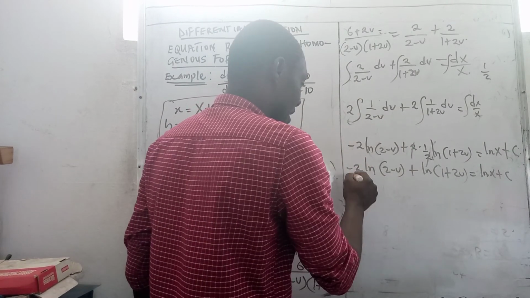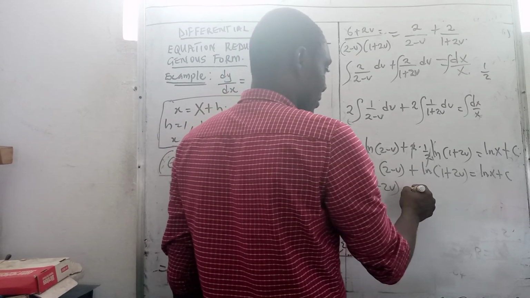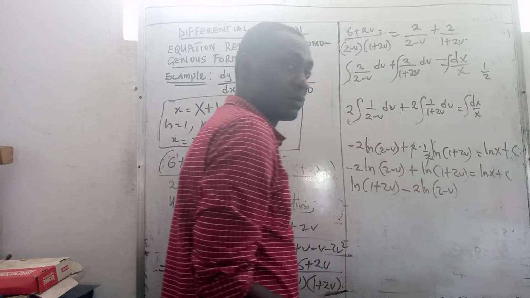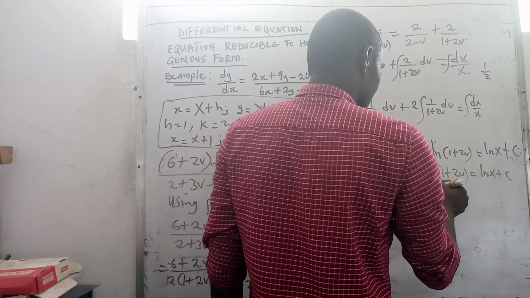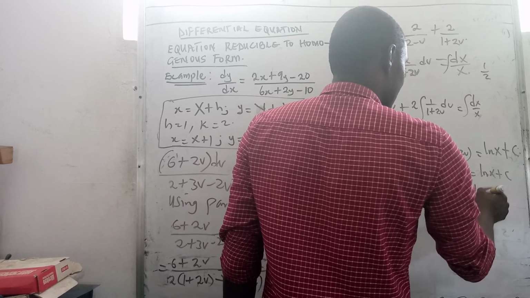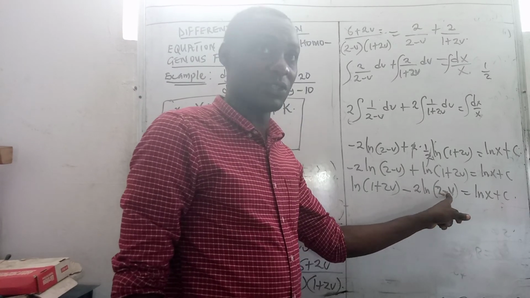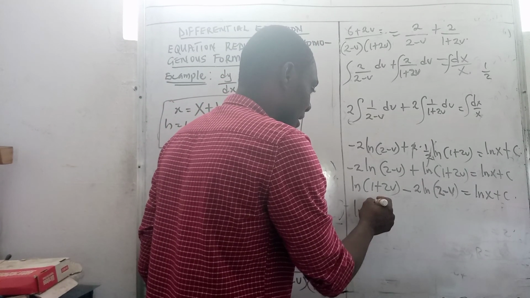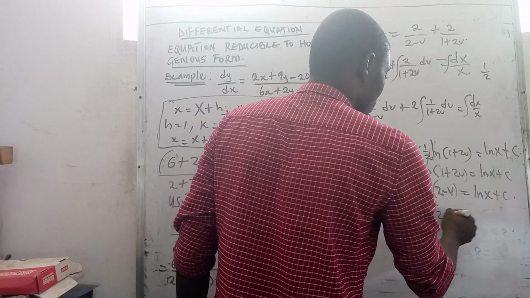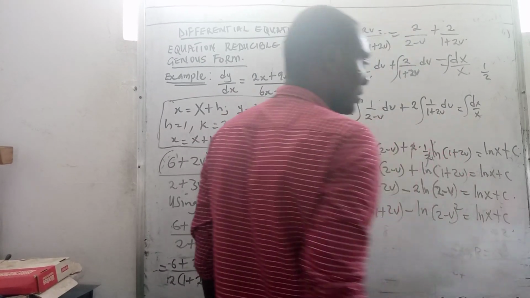Now I can rearrange this to be ln 1 plus 2v minus 2 ln 2 minus v equals ln x plus c. So I can take this to become the power of this, right? So this becomes ln 1 plus 2v minus ln 2 minus v squared equals ln x plus c.